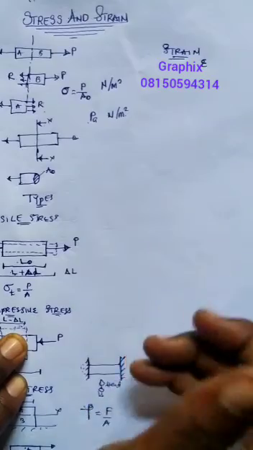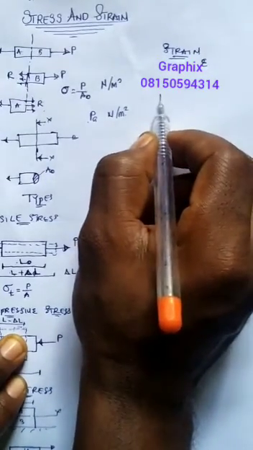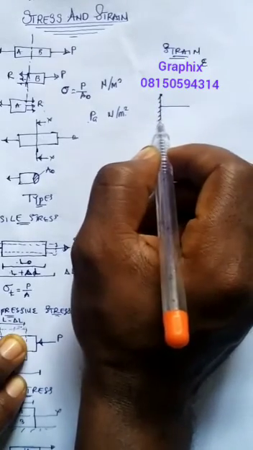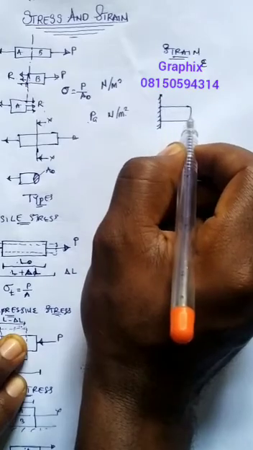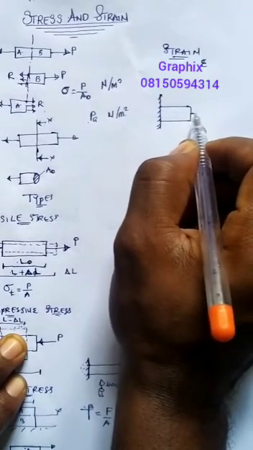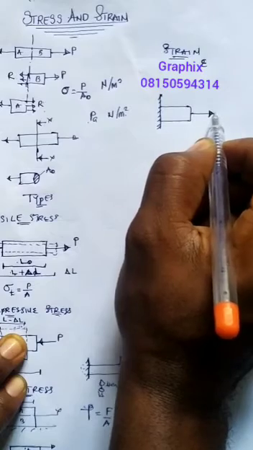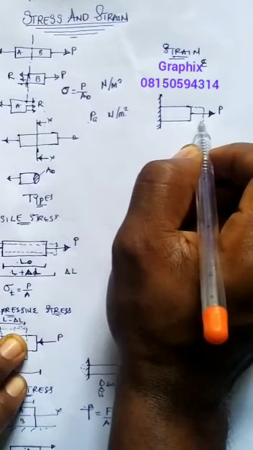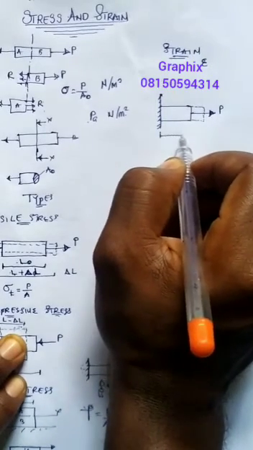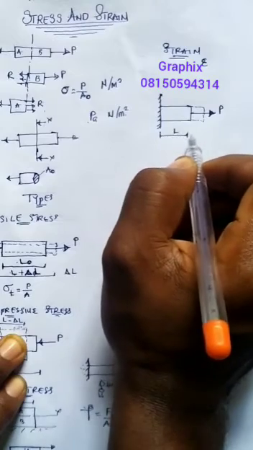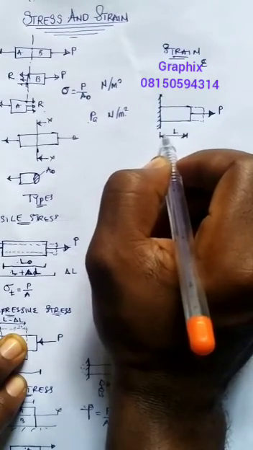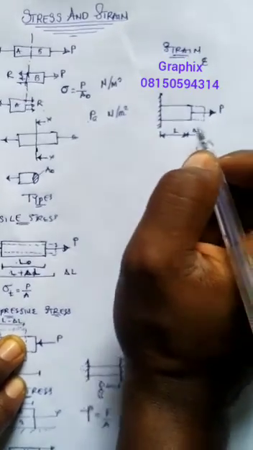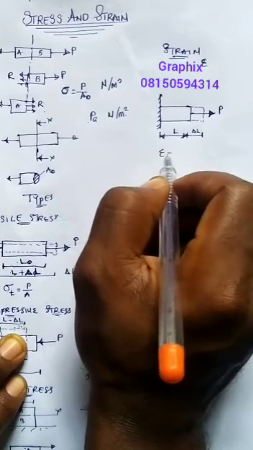Is that okay now? Now let's assume that I have this member this way that is fixed to this axis here. Are we good? If I apply a tensile stress, that's the force, what happens? This material will tend to increase in size. So the actual length of the material is L, right? Now if the material increases, we'll call this delta L. So our strain is equal to what?